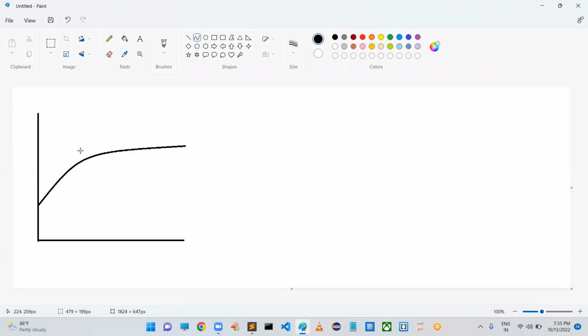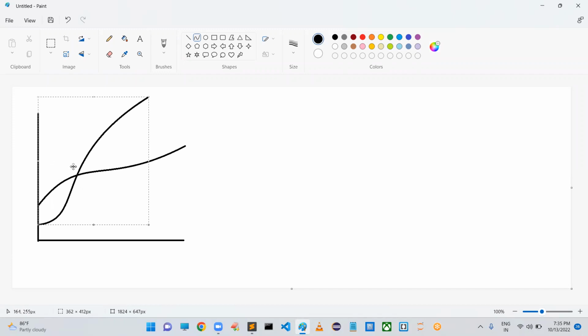Now I am taking f of n, and f of n can be like this. So consider this function is f of n.